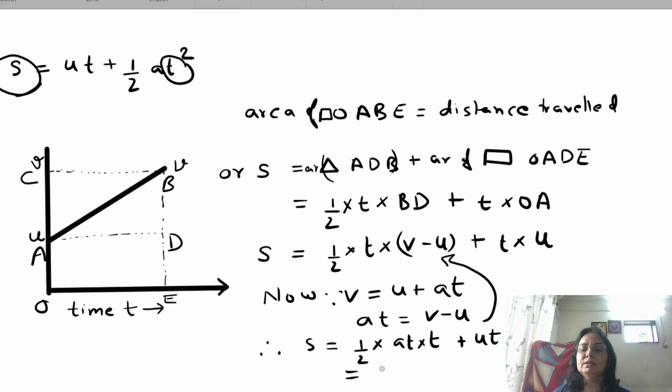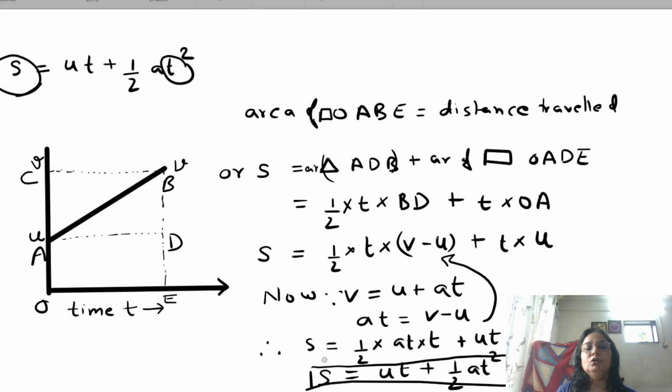So this is nothing but ut plus half at square. So this is the second equation of motion, which gives us the relationship between distance and time. Now let's move on to the third equation of motion.